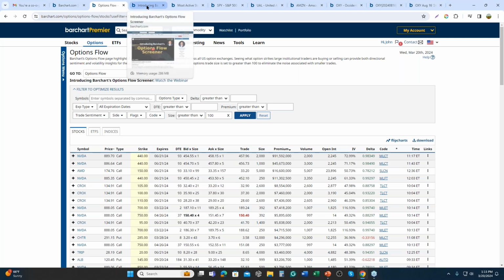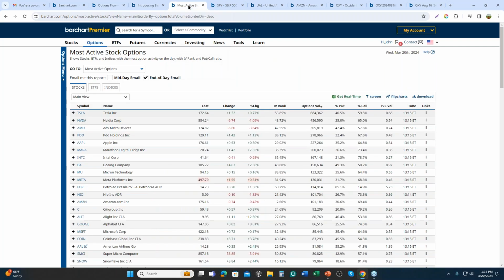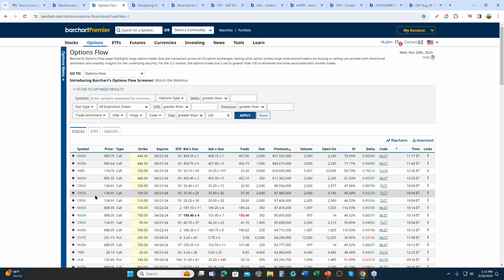Now, what do I mean by that? If I go to my most active stock options page, you can see the regular characters show up: Tesla, NVIDIA, AMD, Apple, and so on. So when I do my options flows, I want to look for those that are not in the most active trading.